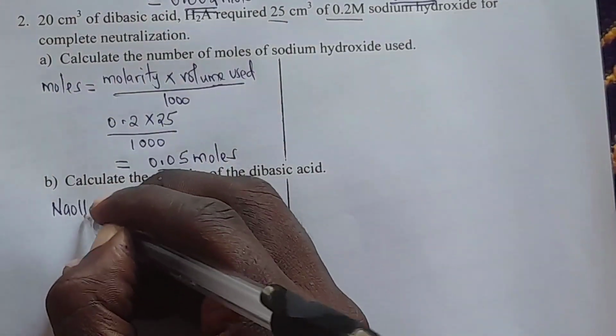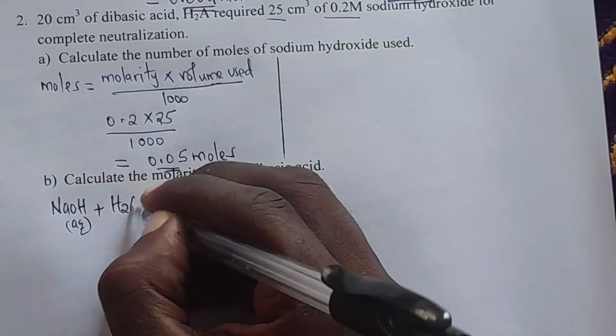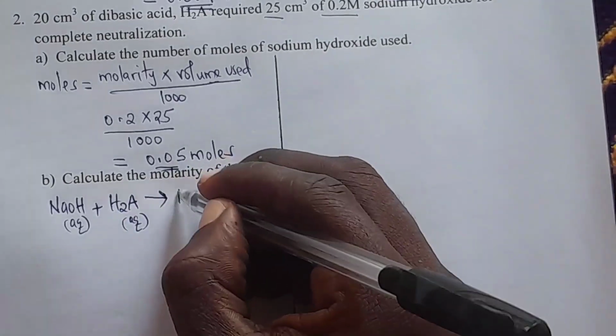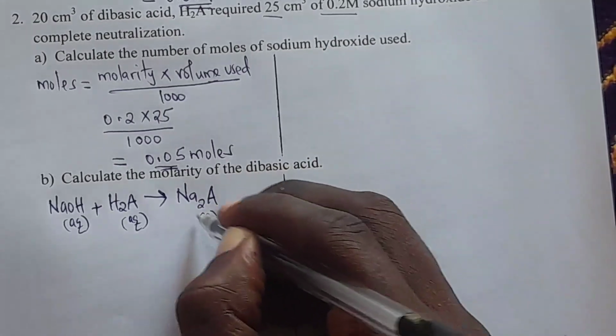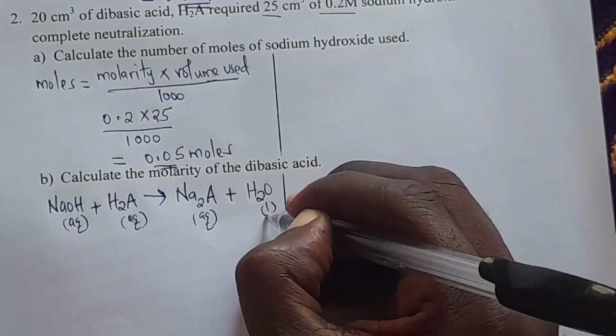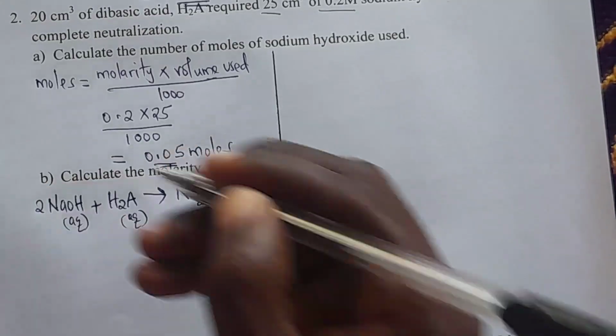Sodium hydroxide solution reacting with the dibasic acid H2A aqueous, we are going to get Na2A aqueous, then I'm going to get water, which is liquid. So to balance the equation, we are going to put 2 here, and 2 there.